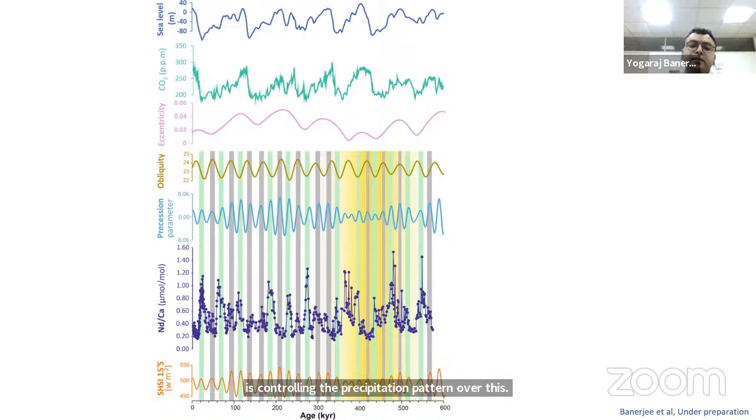So the pressure push mechanism is working throughout this time period, as demarcated by the green color and the gray color vertical lines.